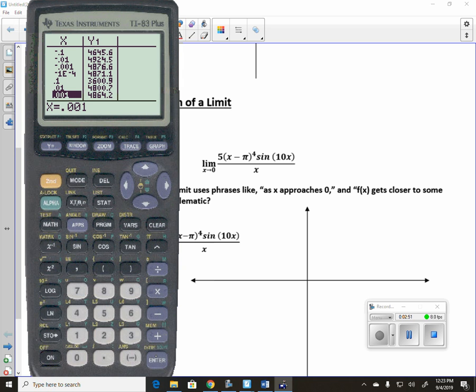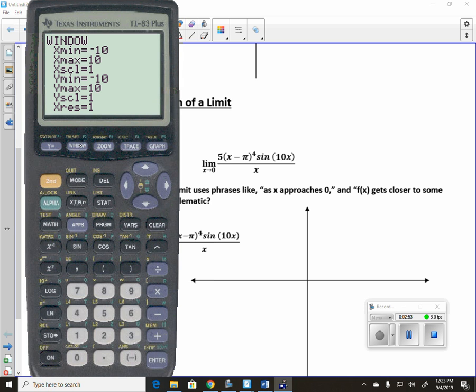In fact, I'm going to change my window so that my x minimum is just going to be negative 1. My x max is going to be positive 1. And my y values, what did we say it was? 4,000? Oh, 800? We'll try 4,900. See if this helps us a little bit.